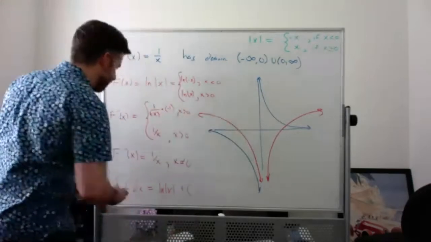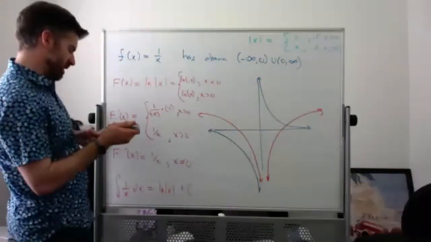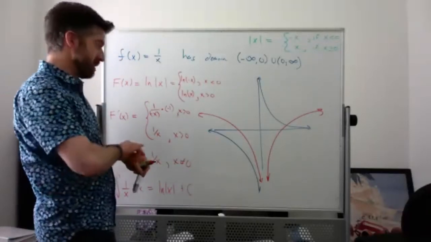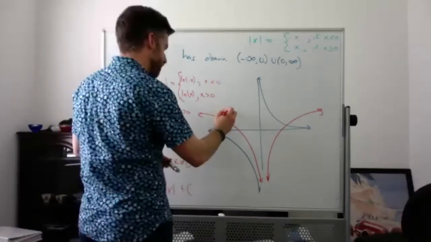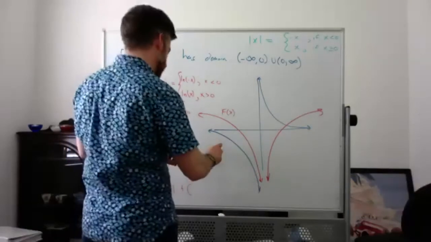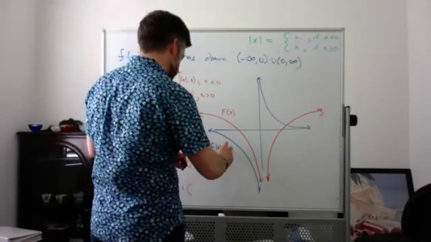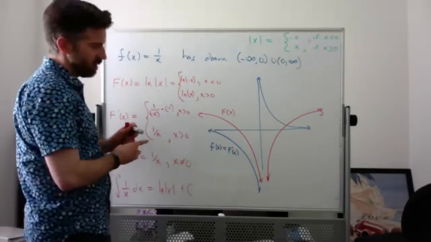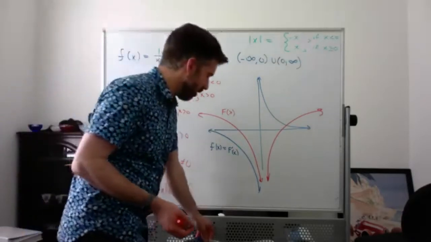If we think about this red function being the antiderivative, and this blue function being the original function, which is the derivative of the antiderivative, it makes sense when you think about the slopes, right?